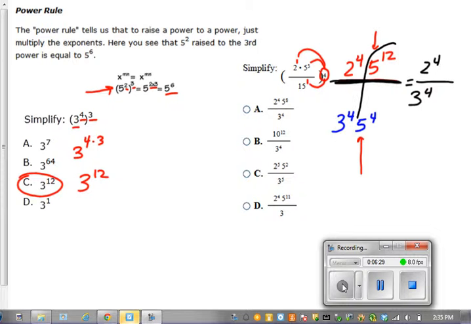But I do have the same base here. When I have the same base and I'm dividing, I am subtracting my exponents. So I would have 5, 12 minus 4, giving you 5 to the 8th power. Now you look over in your answers here, and you would find out that is option A. This will conclude rules with exponents.